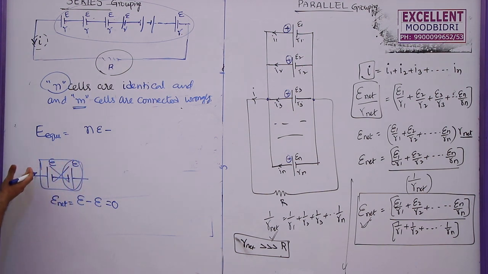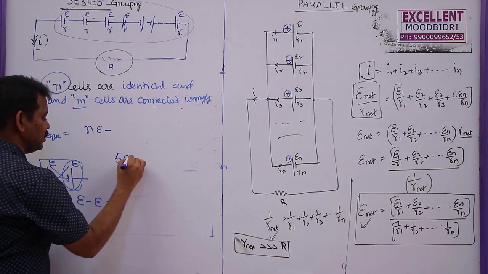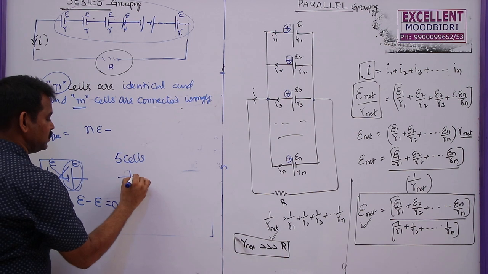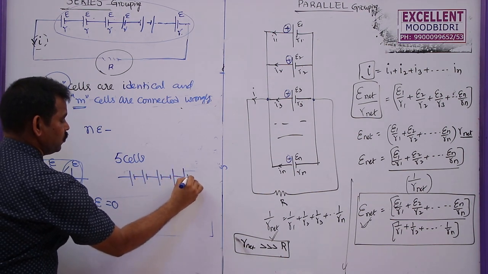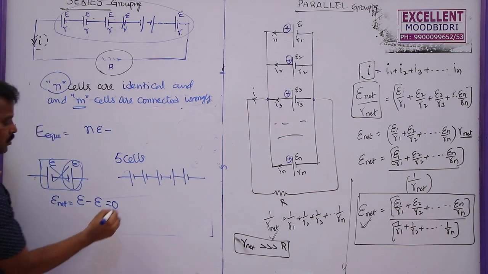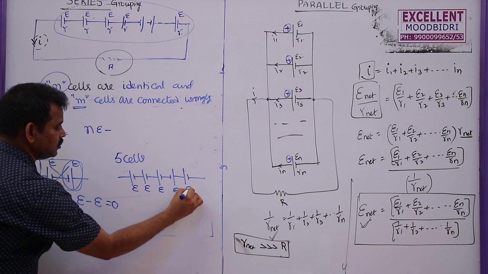It cannot give any current to the external circuit. Similarly, let me take 5 cells here. Out of 5 cells, only one is connected wrongly. So this is E, this is E, this is E, this is E, this is E.